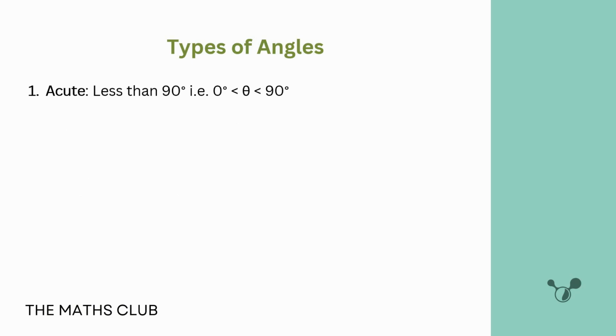The first we're looking at is the acute angle. An acute angle is an angle between 0 degrees and 90 degrees. If you have a quadrant like this, this is our 0 degrees, this is 90 degrees, this is 180 degrees, this is 270 degrees, this is 360 degrees, a full circle turn. We started from here and went back here, which is 360 degrees.